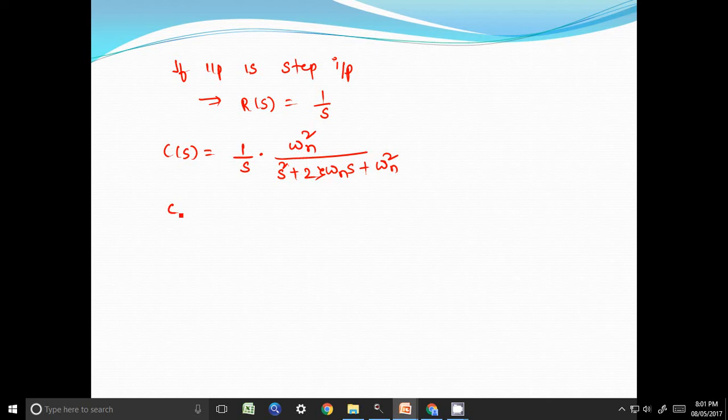Then how to calculate c(t)? c(t) is nothing but the inverse Laplace transform of C(s). So for different values of zeta, we can find the output c(t).